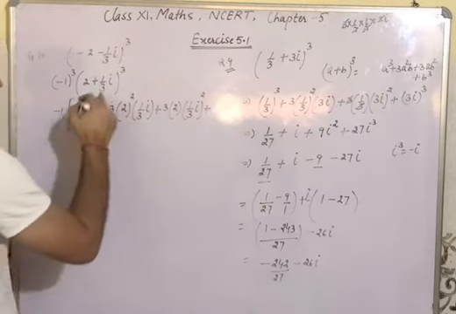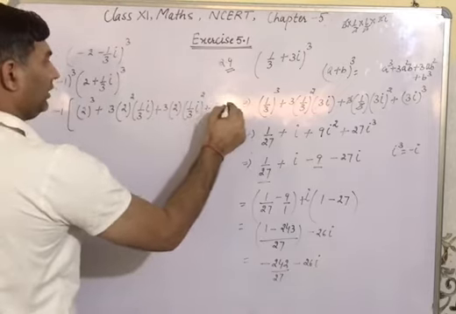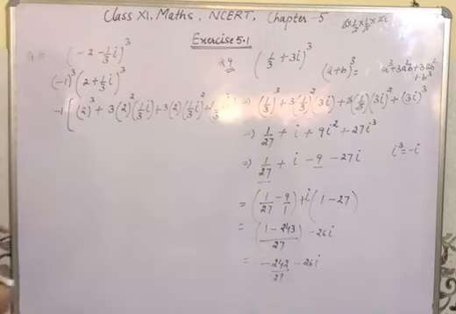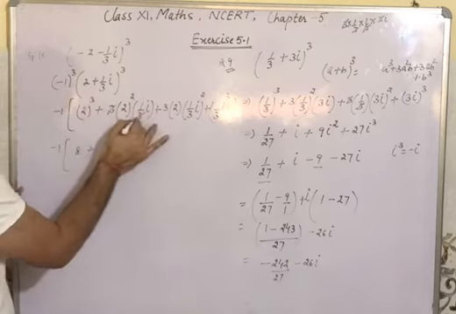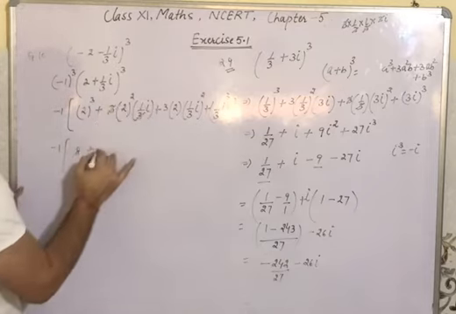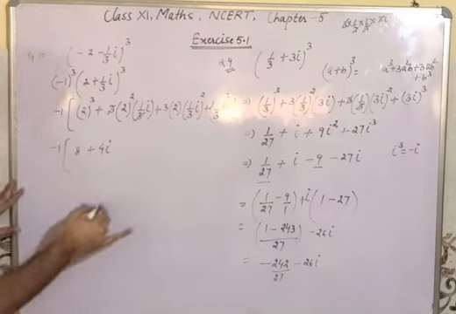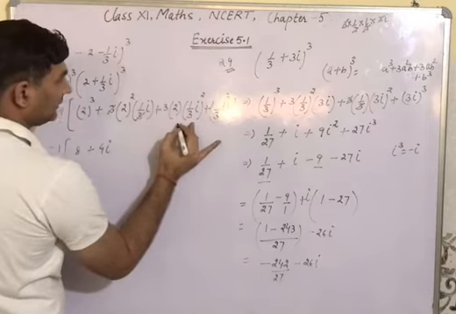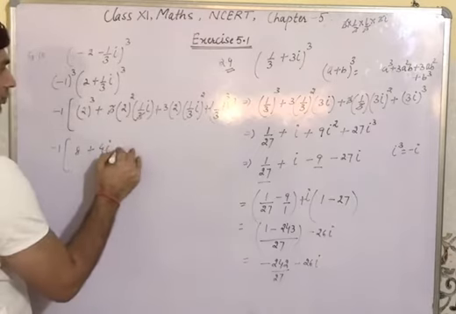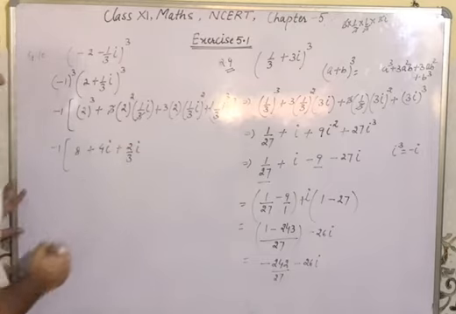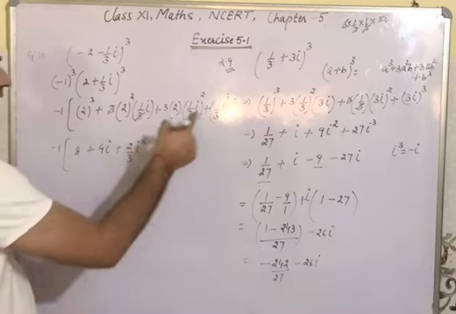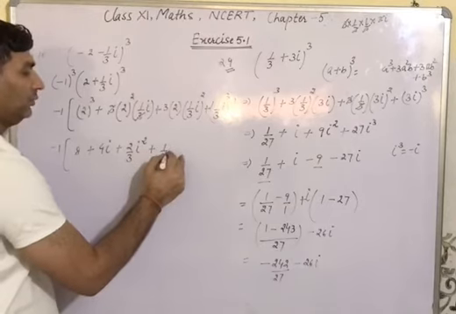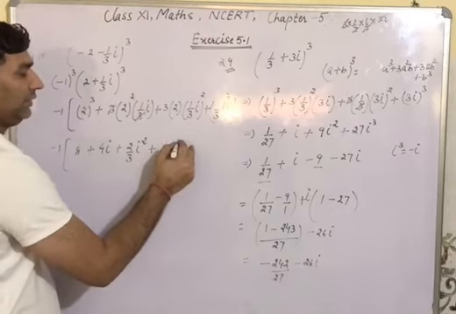plus 1 by 3 iota cube, and then this value is 8 plus, this 3 cancels out, and then 2 2s are 4 iota, this 4 iota, and this 3 cancels out and 1 remains, then 2 by 3 iota square, and then 1 by 27 iota cube.